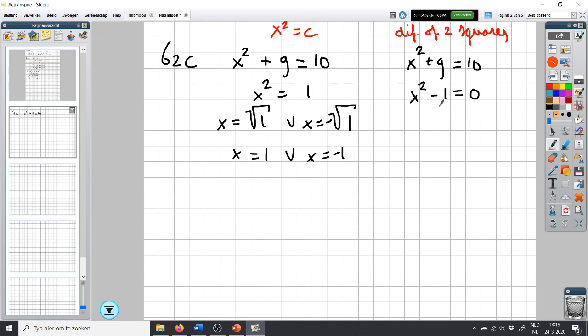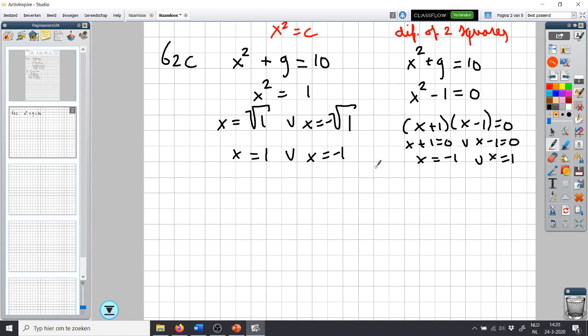But this works as well because I can now rewrite this, factorize it, by writing it like the difference of two squares. And this is a product again. So now I can say x plus 1 equals 0, or x minus 1 equals 0. So x is minus 1 or x is 1, which is the same answer.